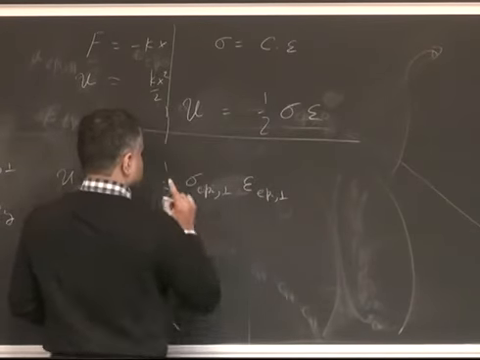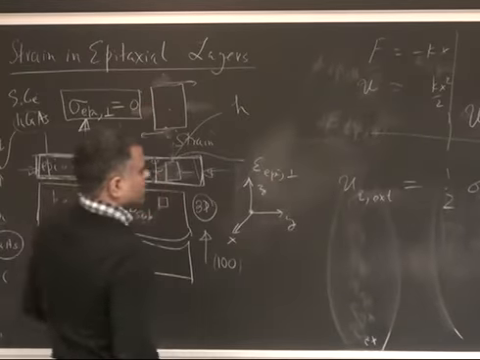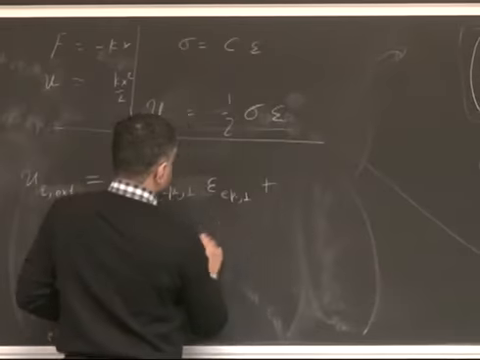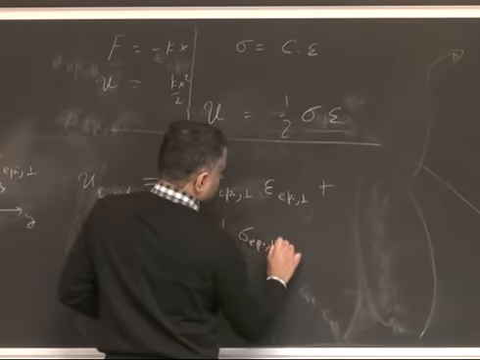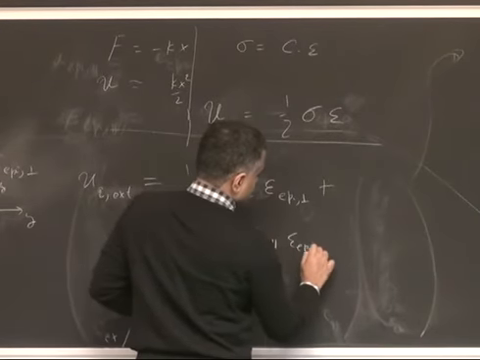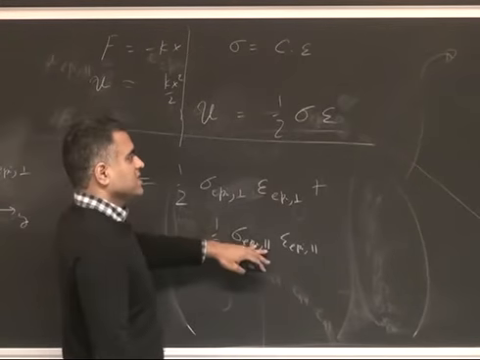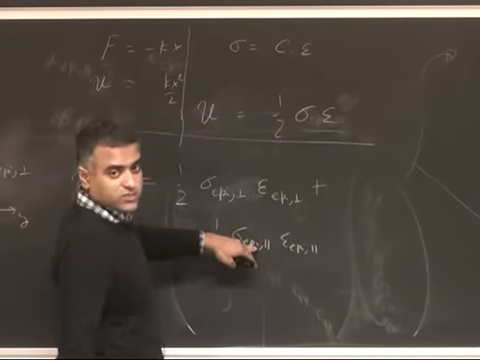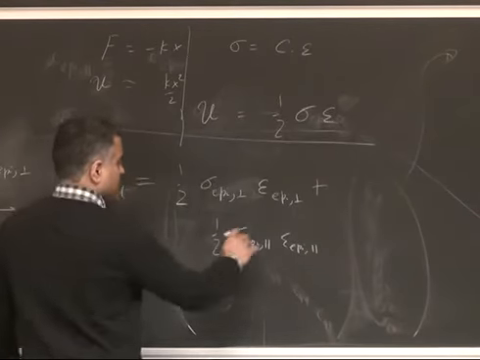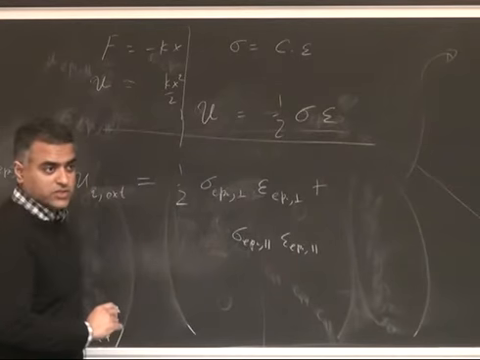So that's the energy cost of stretching in that direction, plus half sigma epi layer parallel times epsilon epi layer parallel. But then I think you realize that there should be 2 of these, one in x and the other in y. That's all there is to it, and then there will be no half here. There will be 2 of that.